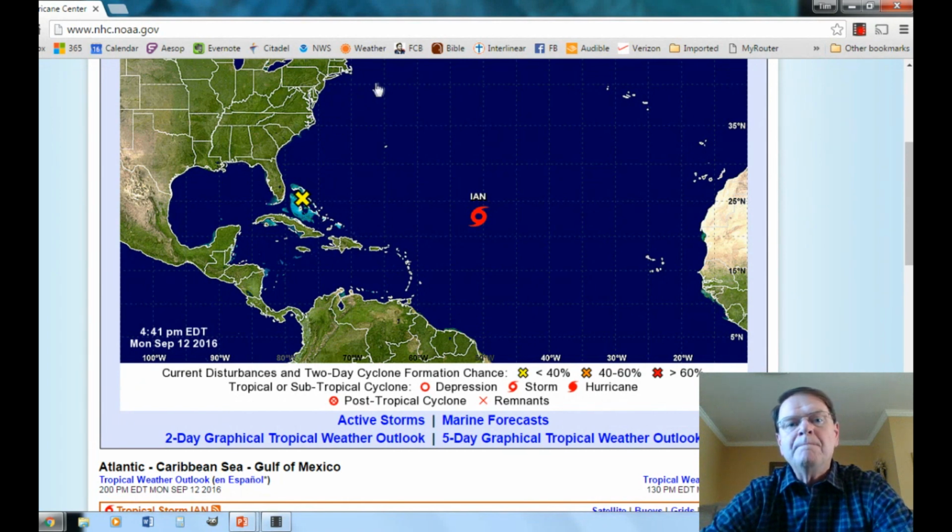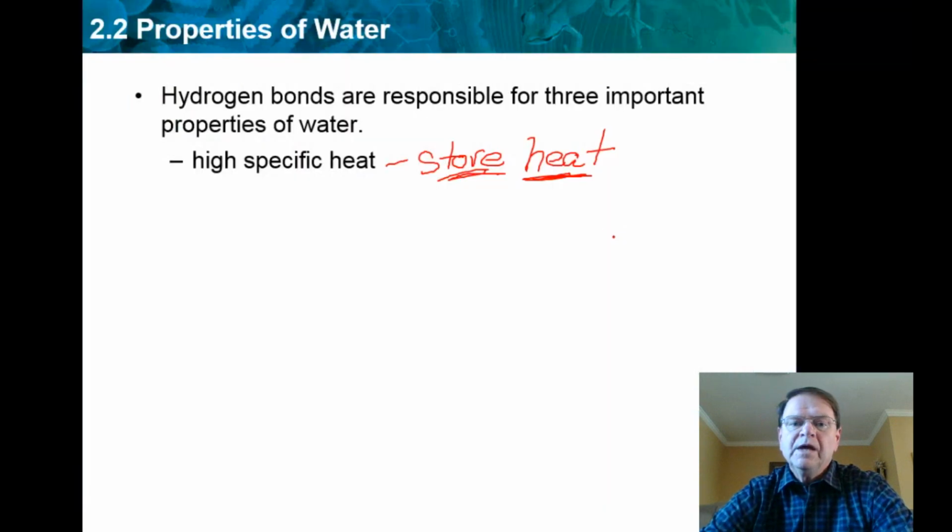That's going to carry a tremendous amount of heat energy and circulate that and impact climates that are even 1,000 miles from this location. And of course, that occurs in the southern hemisphere as well. And so water has a very high specific heat, and this is what allows you and I to maintain a relatively stable body temperature, as well as all other warm-blooded animals such as birds and all other mammals.